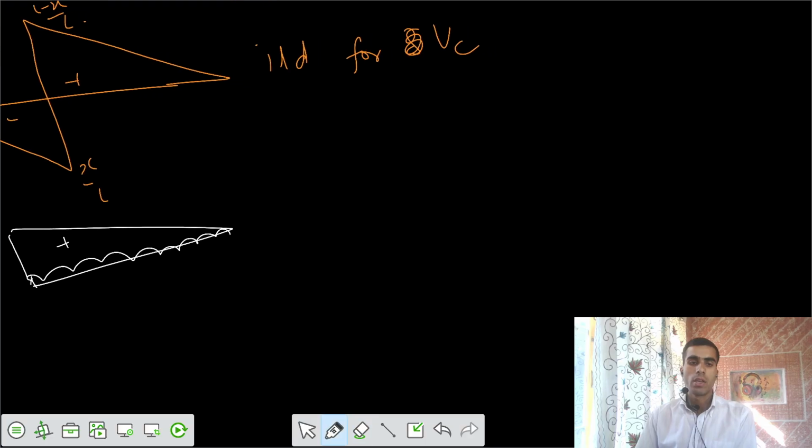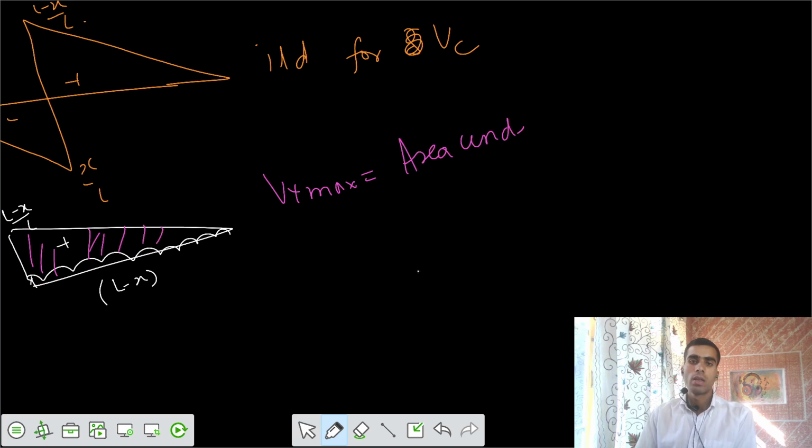So you have some ordinate of L minus x by L, and you have some length of L minus x. So I would say your V positive maximum would be equal to the area under the UDL on the positive side into the intensity of the UDL.